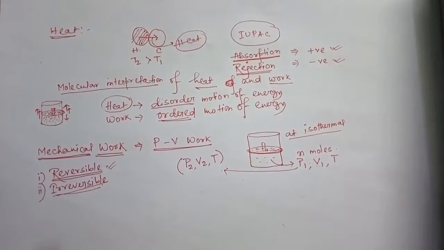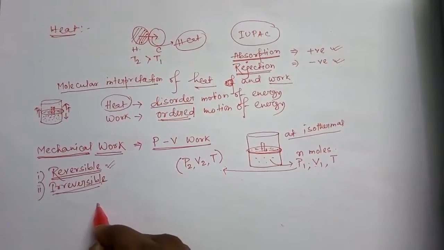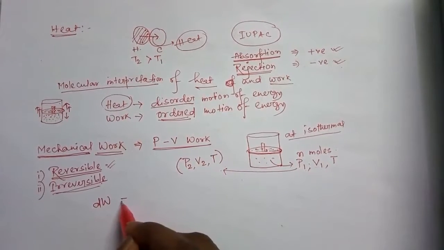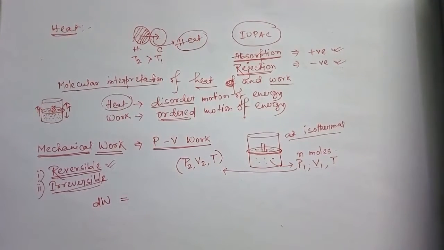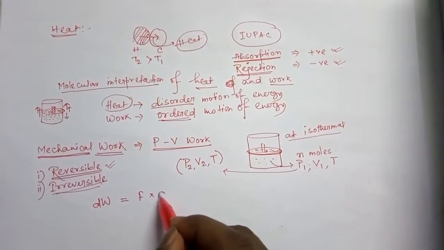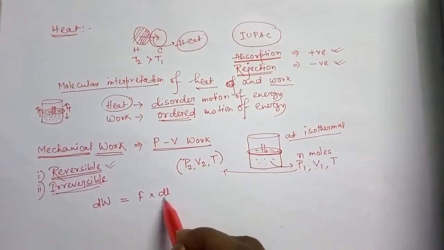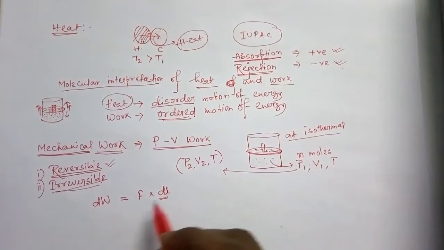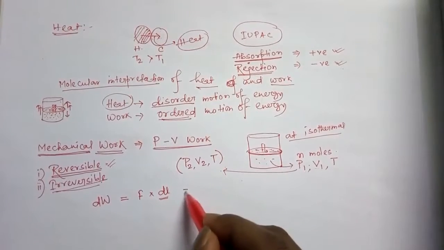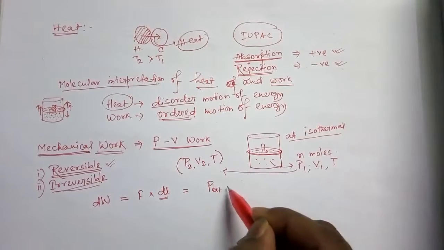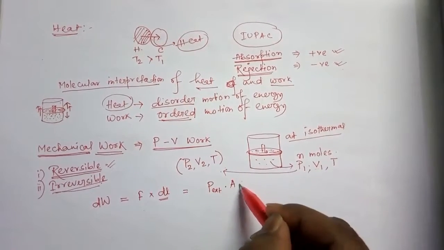In general, if there is a small change in volume, then dW equals force into displacement. dl is the displacement of the piston and F is the force, or we can write F as P external into A into dl.